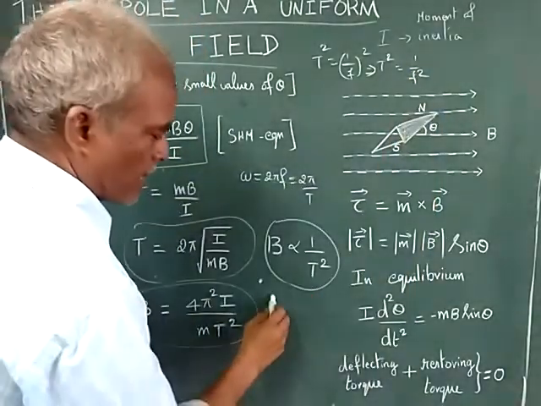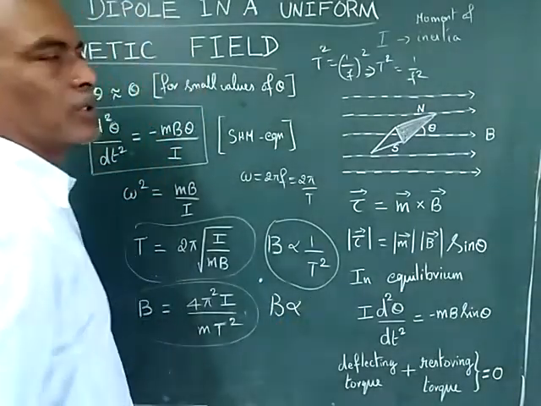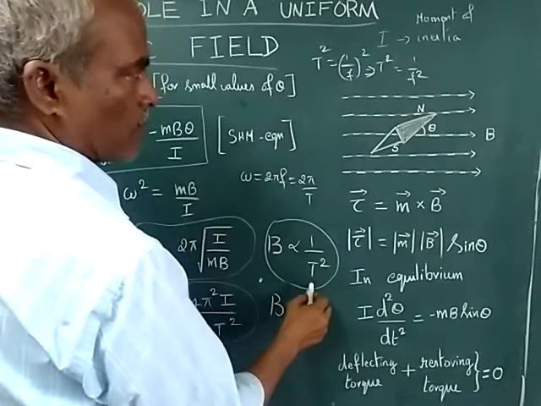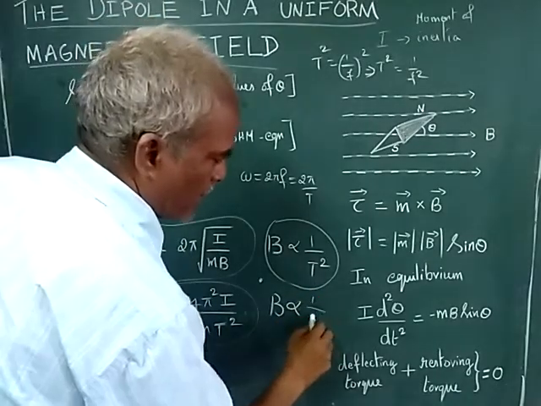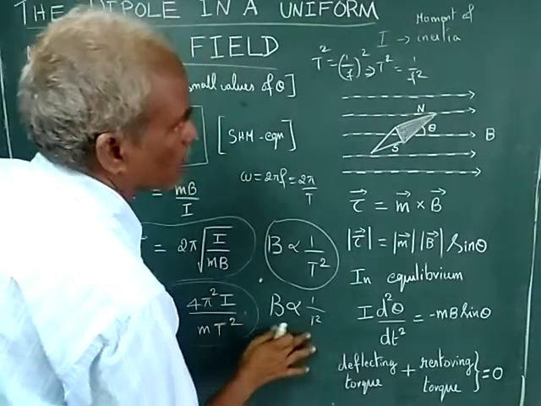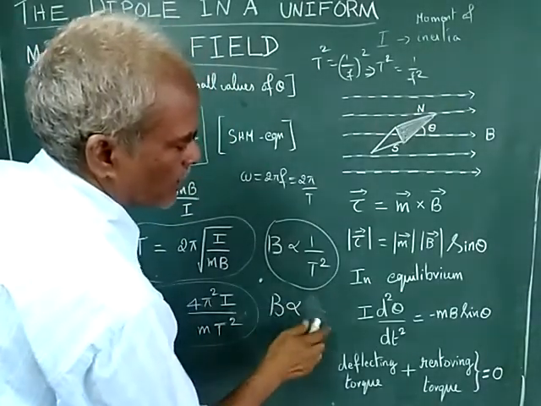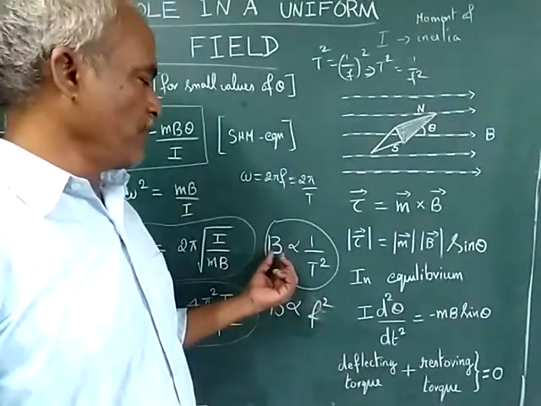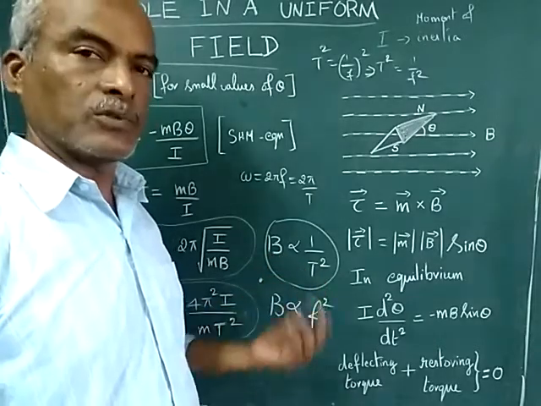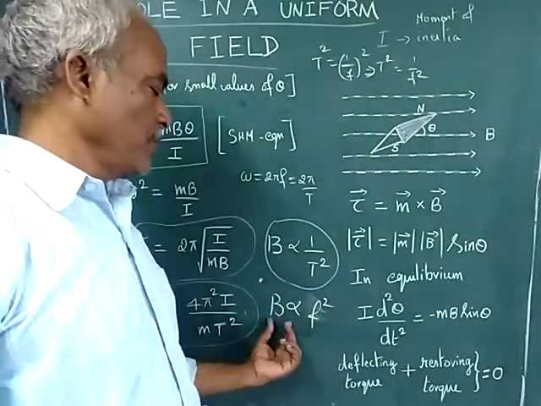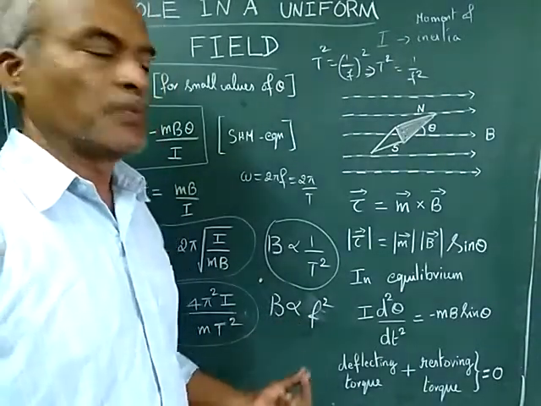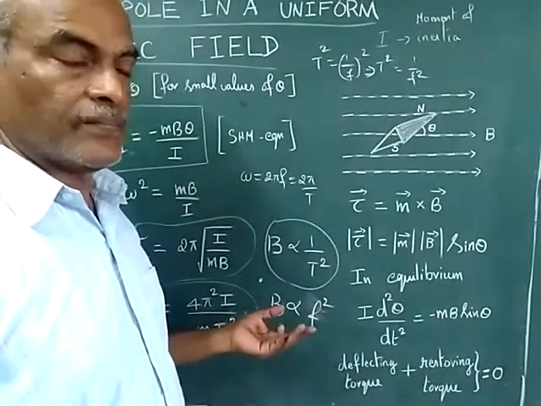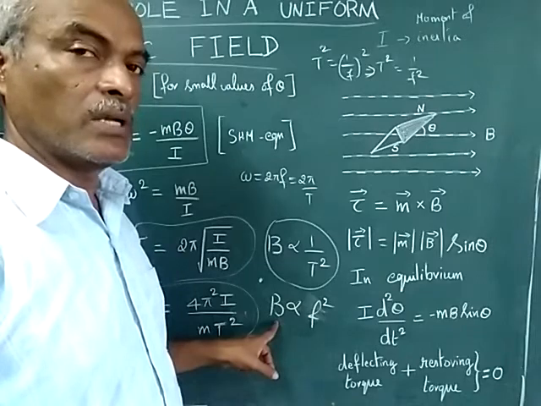So B is directly proportional to 1 divided by T square, and substituting 1 by F square, it becomes F square. So we can say that magnetic flux density is inversely proportional to time period square, or magnetic flux density is directly proportional to frequency square. It means that if frequency increases, then magnetic flux density also increases.